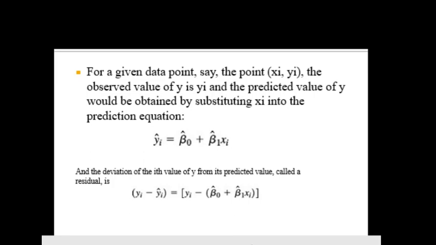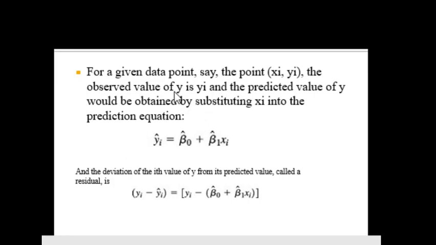To get that line, we will need a little bit of calculus. But let's say we have a data point, xi and yi. So the observed value of y is yi. This is the data that we are collecting from the sample. For a given value of xi, the value is yi. Now let's say this is the prediction equation.